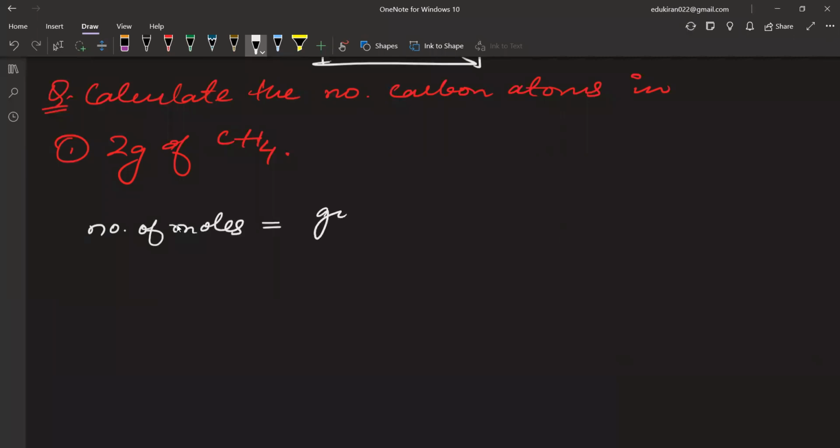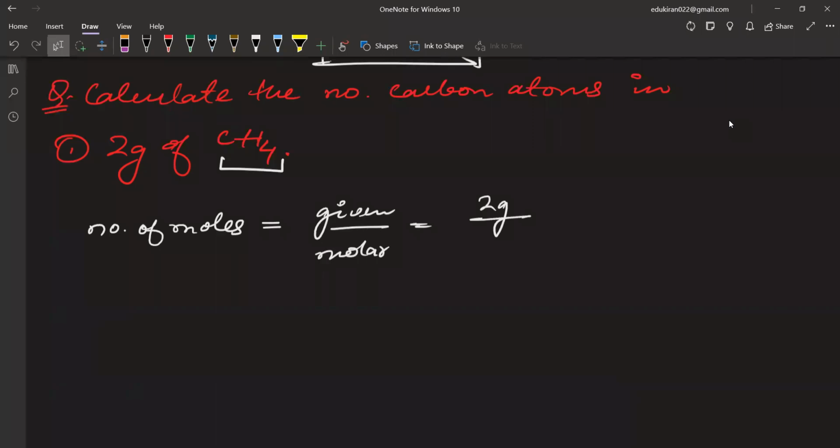Number of moles is equal to given mass upon molar mass. Yes. What is the given mass? 2 grams divided by... CH4 is there, na? 2 grams is the mass of CH4.